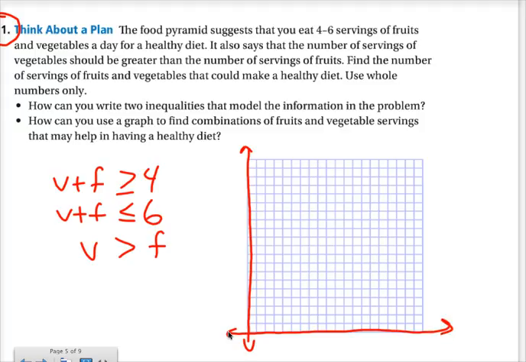So we have some fruits and vegetables to look at here. I think I will put my vegetables here and my fruits here. And again, I'm going through my head and saying, okay, it could be 0, 4 or 4, 0, finding the zeros for the first one, and this one could be 0, 6 and 6, 0, finding the zeros there.